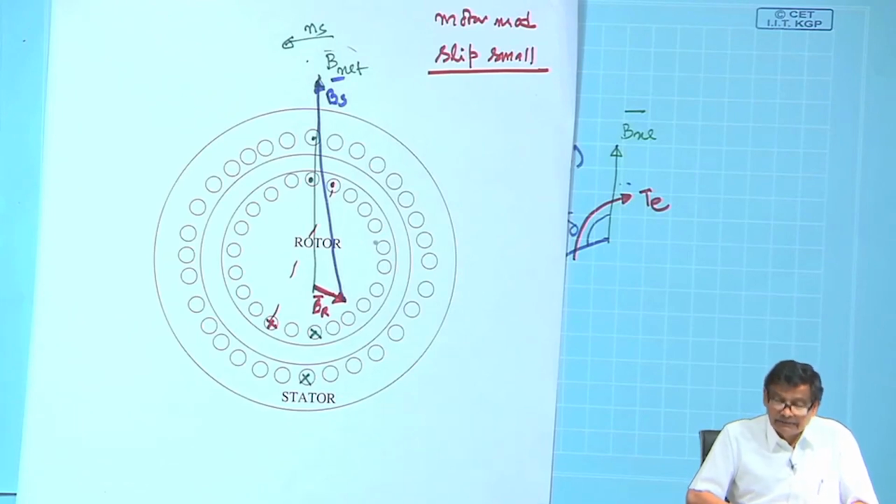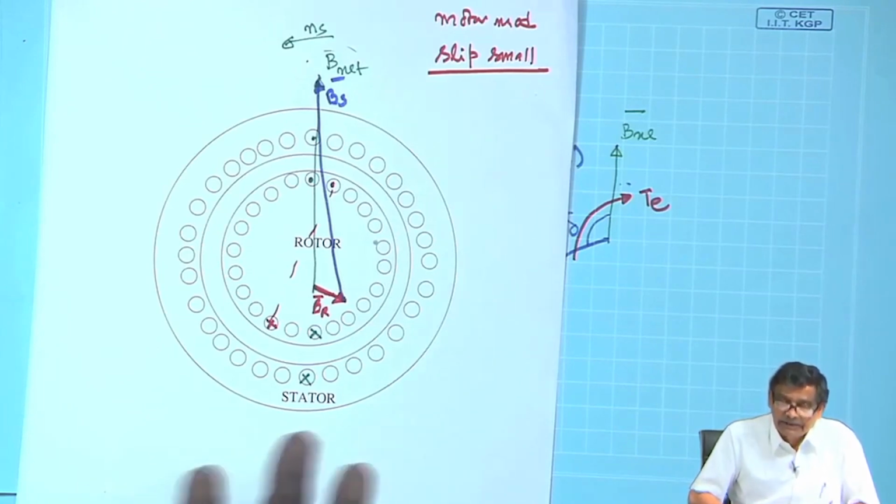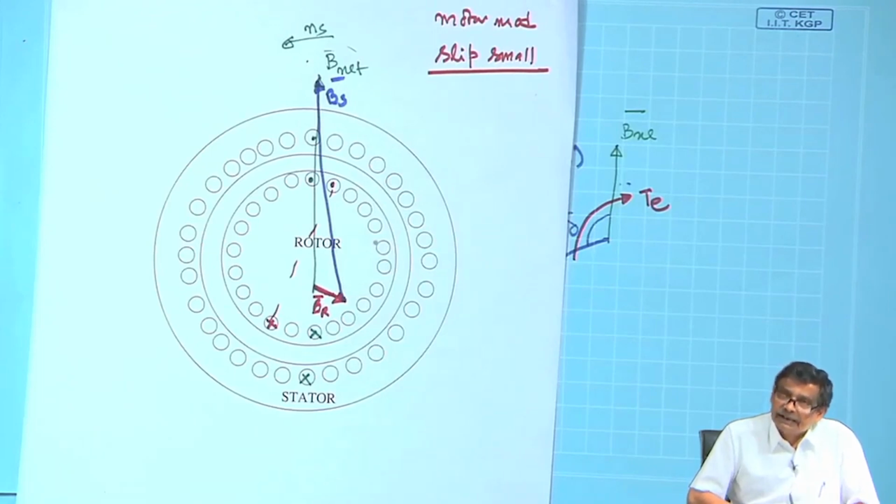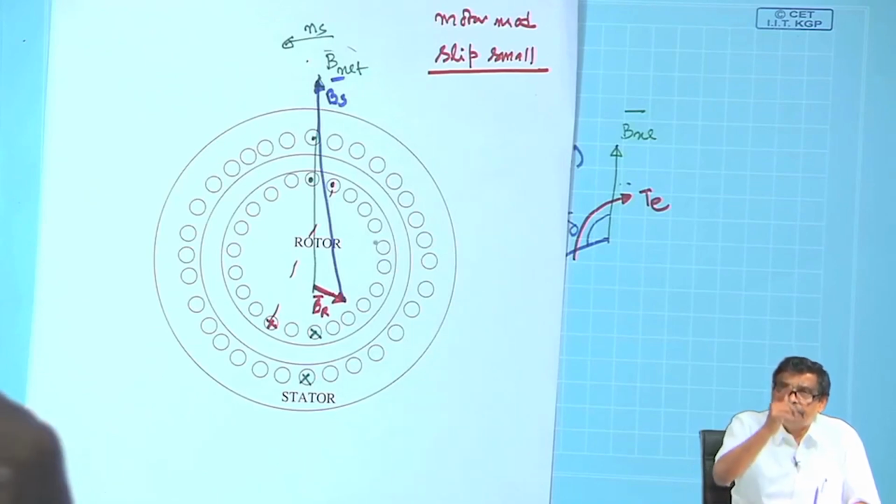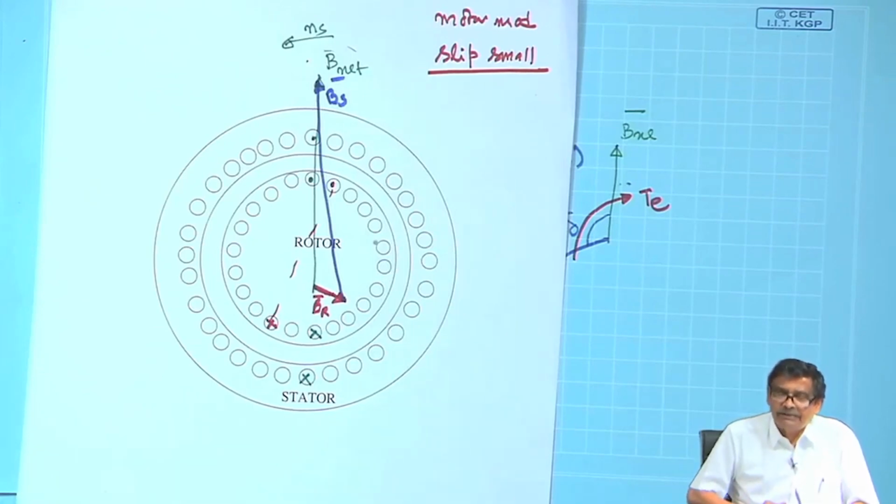Therefore, a rotating magnetic field gives you the electromagnetic torque of a machine when it interacts with your rotor field. You can live with Bs and Br and still get electromagnetic torque, where the angle between Bs and Br is gamma, so magnitude of Bs, magnitude of Br sin gamma is the torque.